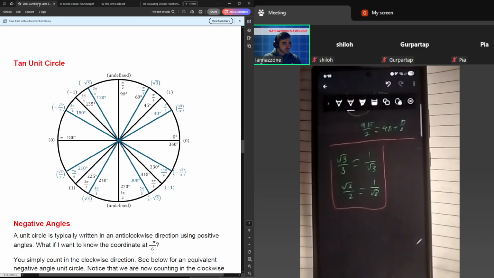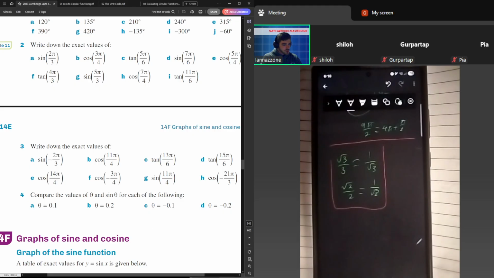Yeah, that's that. While I remember, worth pointing out, on the handwritten bit, I've shown you that these are equivalent ways of expressing the same root. So root 3 on 3 is actually the same thing as 1 over root 3, and root 2 on 2 is the same thing as 1 over root 2. The reason why I highlight this is because some books will use different things, some exams will even use different values.